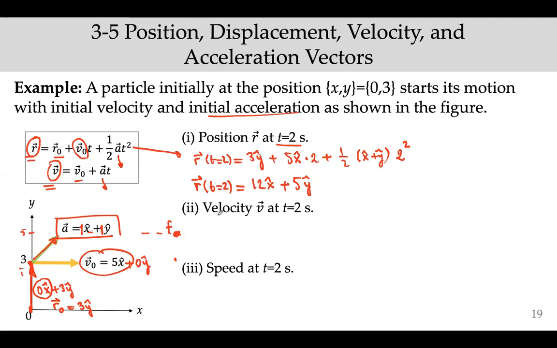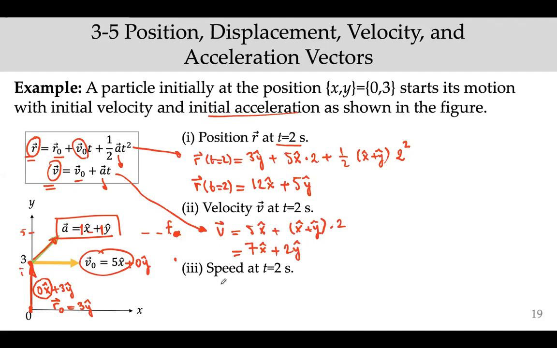What about the velocity at time equals 2? Easy, I'm going to use this one. The velocity at time equals 2 will be the initial velocity, which is 5 x hat, plus the acceleration, x hat plus y hat, times, now just multiply by 2. How many x hat do I have? 5 plus 2, so 7 x hat, plus how many y hat do I have? 2 y hats.